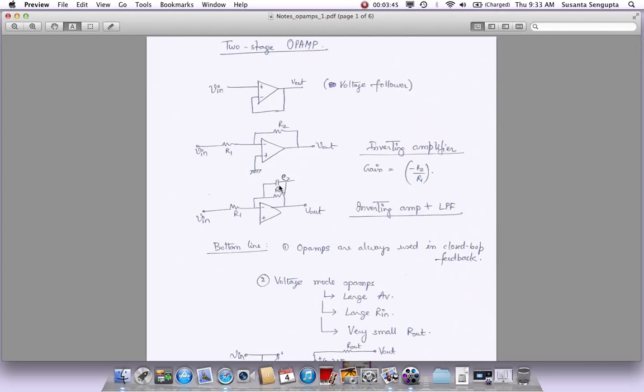You could also put a capacitor around it, called C2. Then it not only remains an inverting amplifier, it also forms a low pass filter at the output. So this is actually acting as low pass filtering of the input. I forgot to draw the ground here, the AC ground or a DC bias voltage that will be here, the common mode voltage. So I missed that part, but this is going to implement a filter.